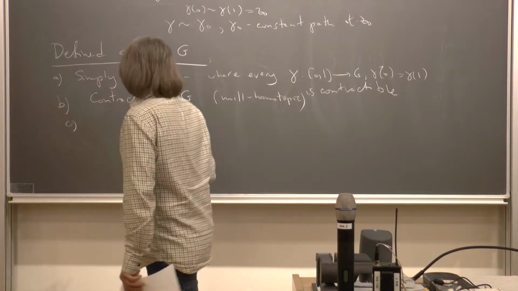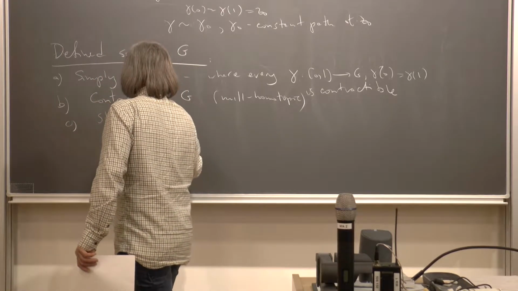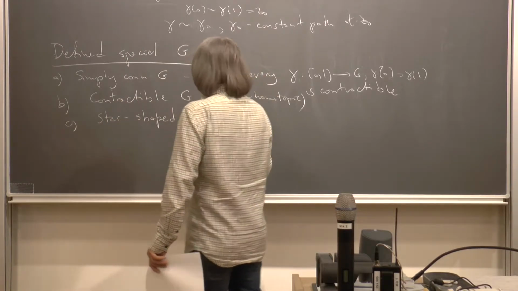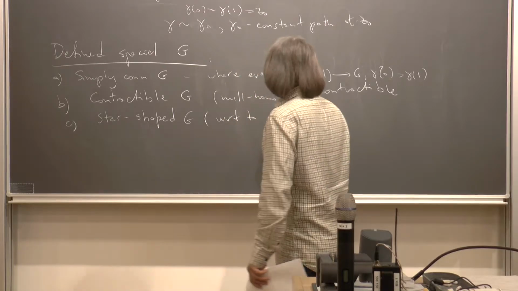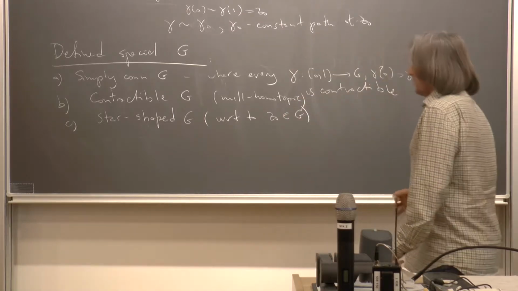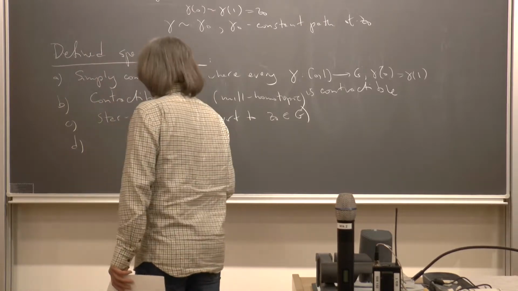Then star-shaped G, and this is with respect to a given point Z0. And D, convex.